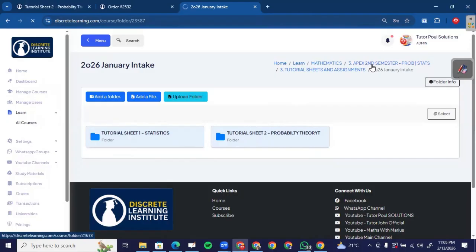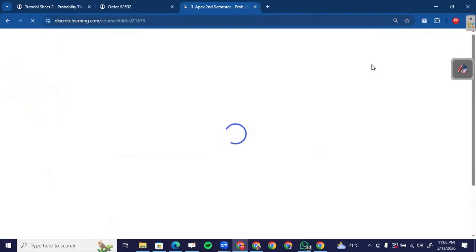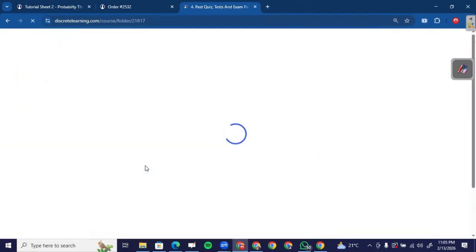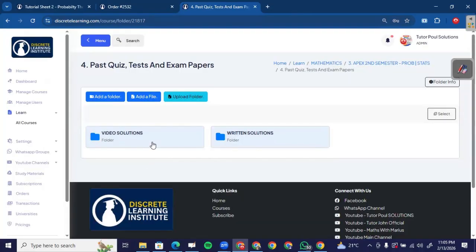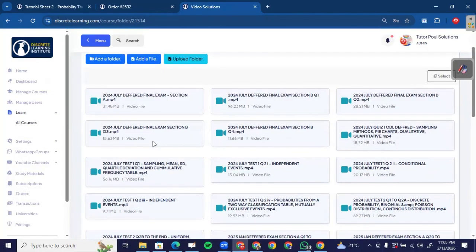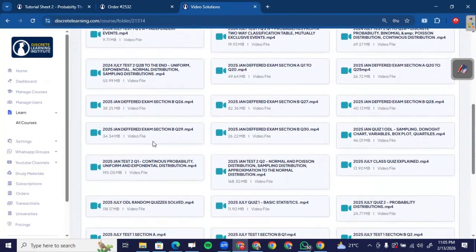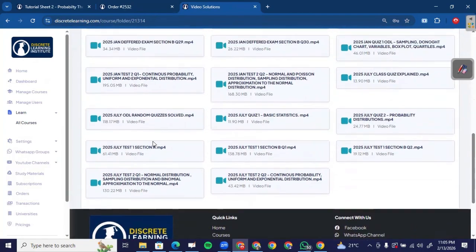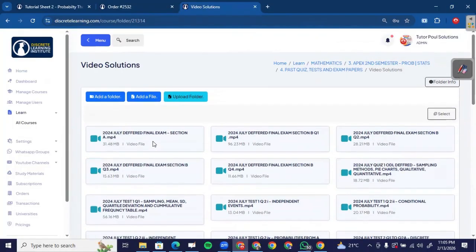Apart from that, we have past papers: quizzes, tests, exams. You can click there and find the videos for the test, and go through them at your own pace, even in your blankets. There are a lot of exam, quiz, and test papers that have been solved here, and they can help you prepare for your assessment.